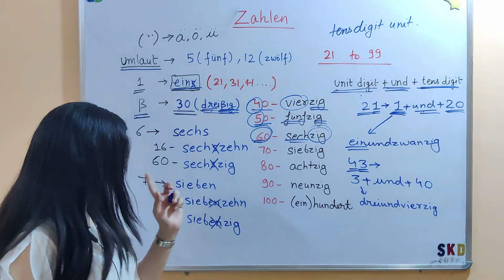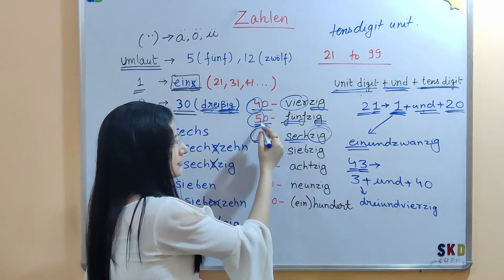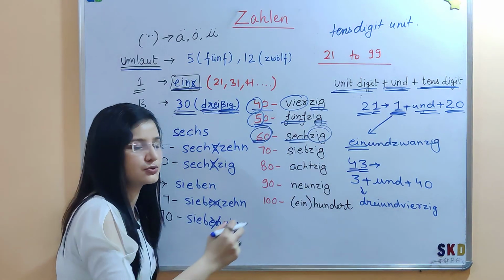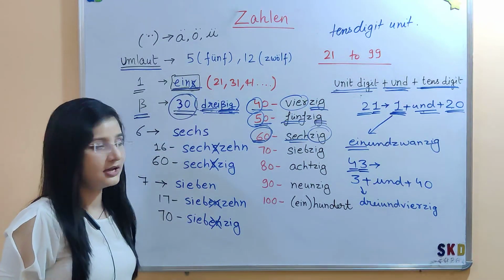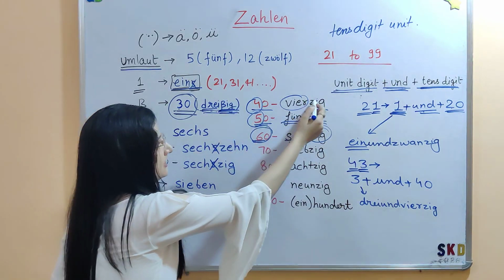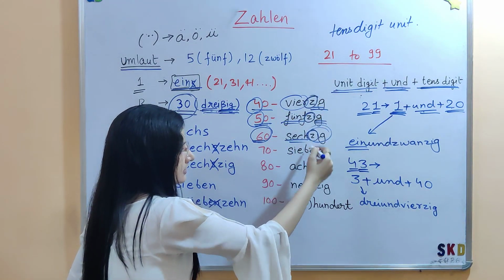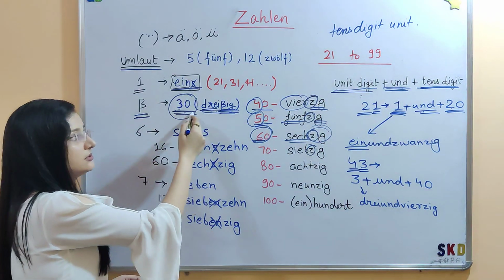I have already discussed this and will be discussing it today also. So the ß is there only in one number, that is 30. In all other numbers, this ß is replaced by zig. So the ß is only there in 30.